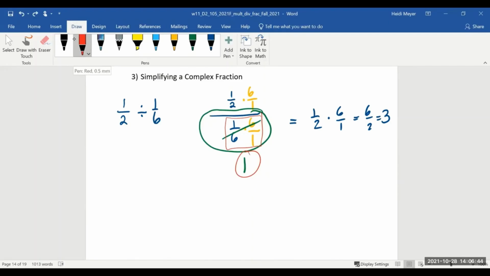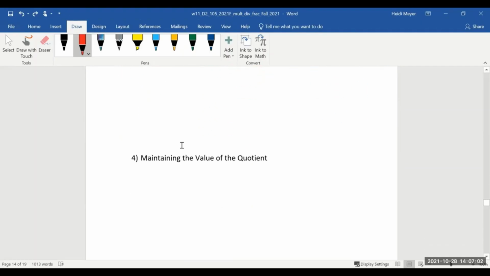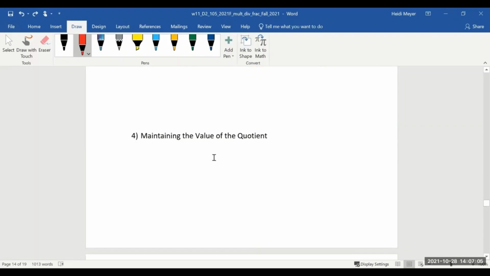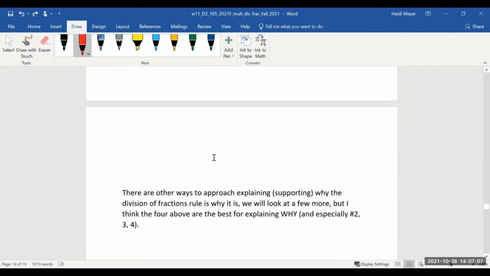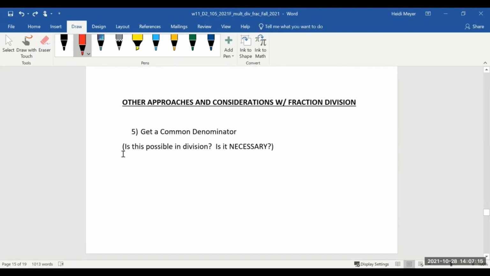I'm going to take just a moment here because we've got about 4 minutes. Okay. I think I'm going to skip maintaining the value of the quotient. I'll talk about that, but I might do it next time.